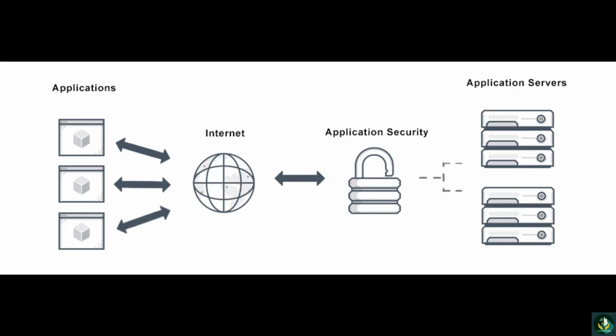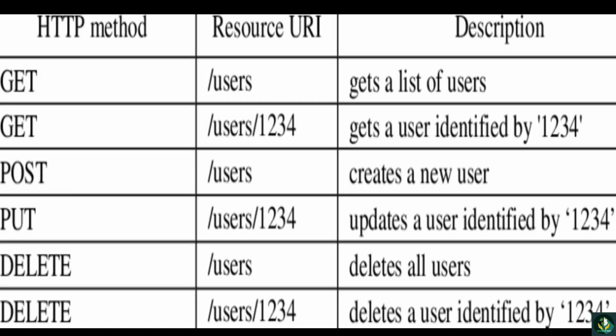So there is some method, the HTTP method and resource URL. So what is the resource URL? I talked about it in a previous video. And the description: how all these three things are connected. HTTP method GET with resource users gets a list of users.